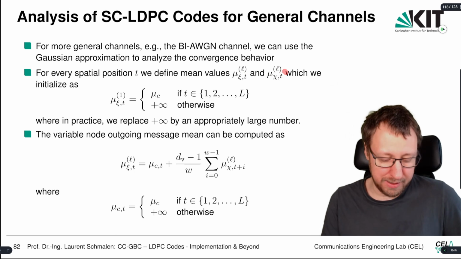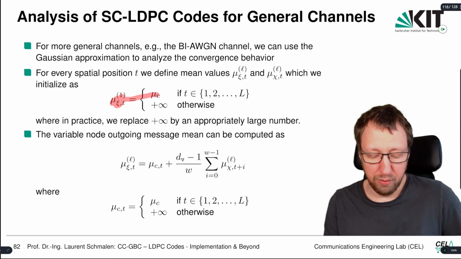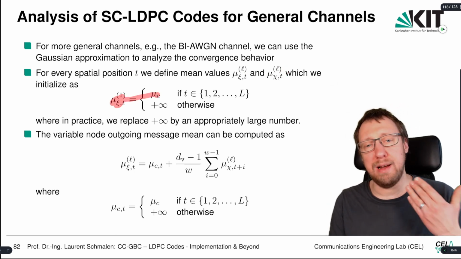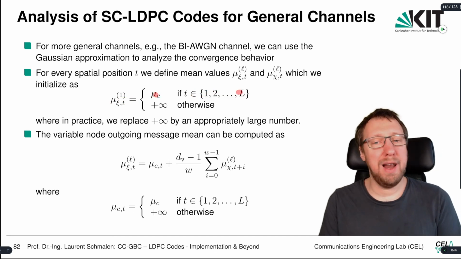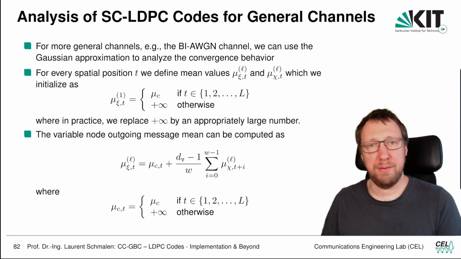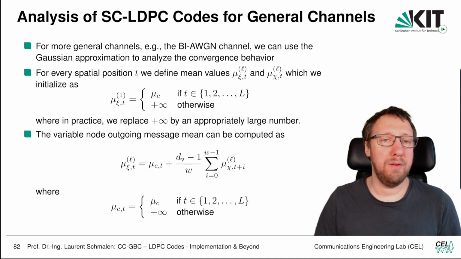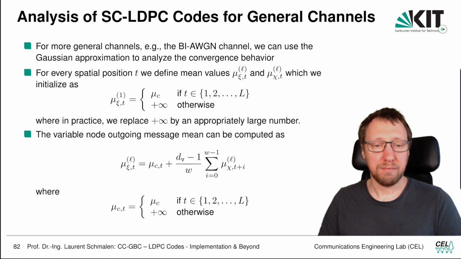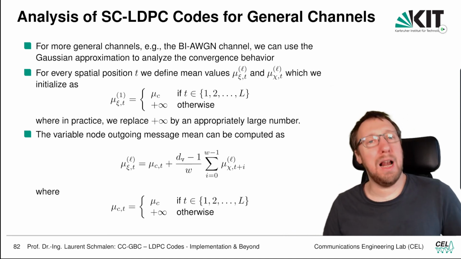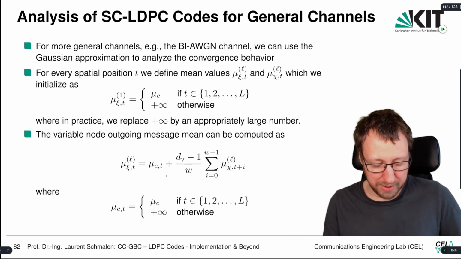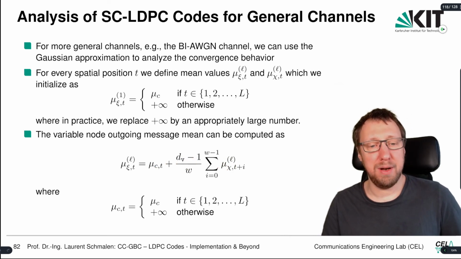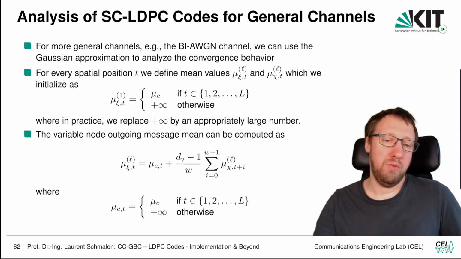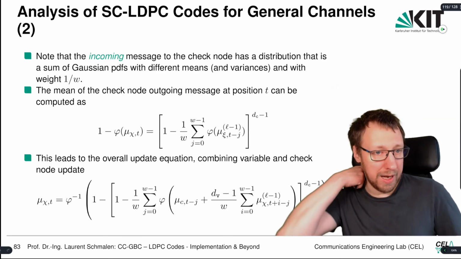We initialize mu_c,t,l as being equal to mu_c, the channel-related mean, for the useful spatial positions, and plus infinity or a very, very large number beyond the virtual positions. Then we can calculate the variable node outgoing message as mu_c,t plus (dv minus 1) times the sum of mu_t plus i.